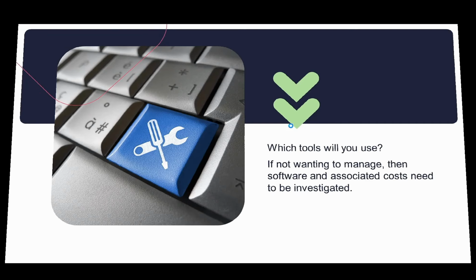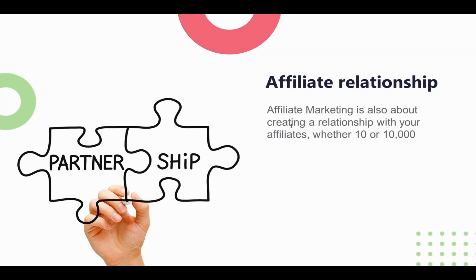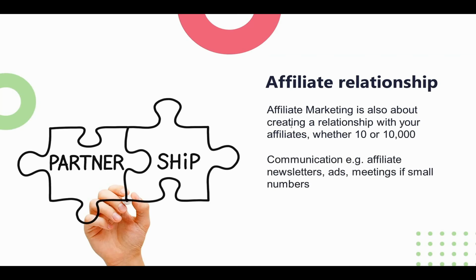Then I think this is possibly one of the most important factors when it comes to determining if you're going to have an affiliate program: are you ready for the commitment to the affiliates? Affiliate marketing is also about creating a relationship with your affiliates, whether it's 10 affiliates or 10,000. It's about communicating with them, for example, using a newsletter or an ad that is just for affiliates, and of course, assisting them if they are having trouble.